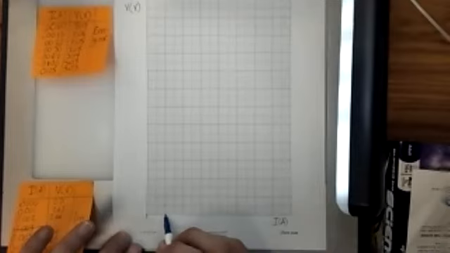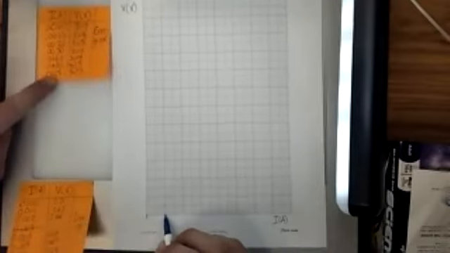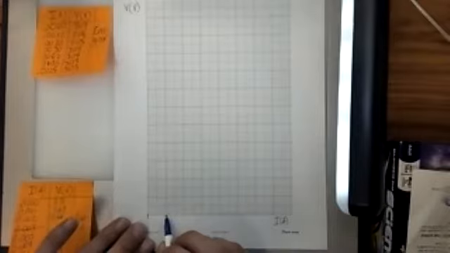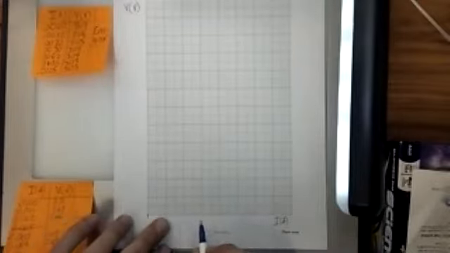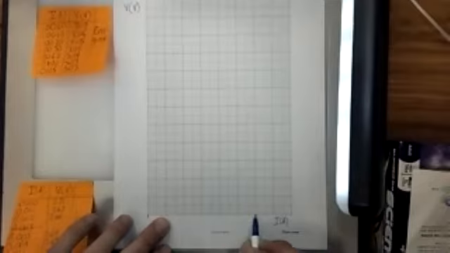If I say each one of these big squares is going to be 0.02, so it'd be 0.02, 4, 6, 0.08, 0.01, 0.12. That's more than halfway.